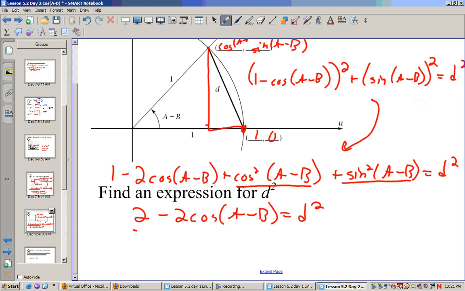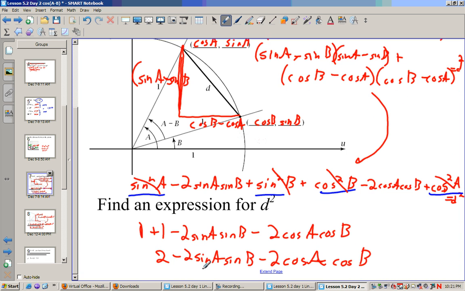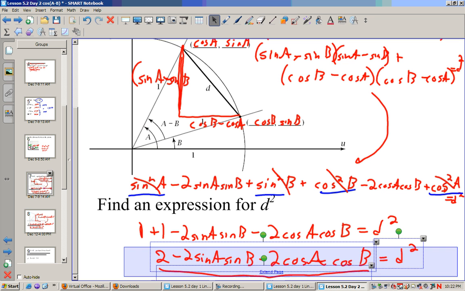Alright, so we have this expression for D squared. We have this expression for D squared. I should have written equals D squared as I'm going along. So now let's see what we can do. We can use substitution to put those together. So how about I use a cut and paste?